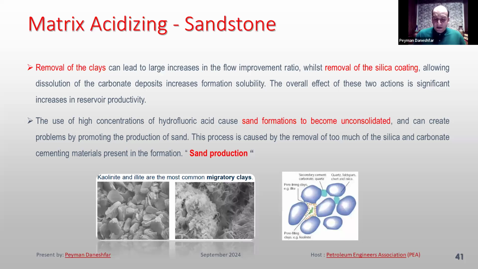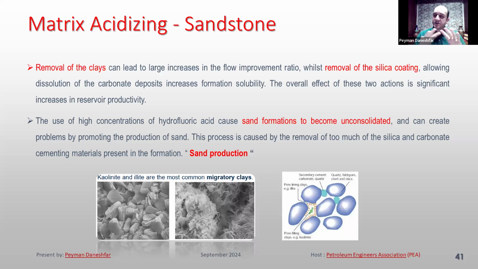Again, in matrix acidizing in sandstone, when we use a higher strength of HF, maybe we remove a lot of clays, and this can lead to a large increase in flow improvement ratio. Whilst removal of silica coating, allowing the solution of the carbonate deposit, increases the formation solubility. The overall effect of these two actions is a significant increase in reservoir productivity.